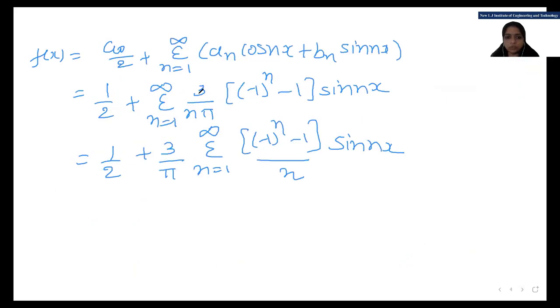So here I put 3 upon n pi, minus 1 raised to n minus 1. This is the value of bn into sin nx. So this 3 upon pi is constant, which is free from n, so I put it outside the summation. So 3 upon pi, and the rest of the things, minus 1 raised to n minus 1 upon n into sin nx, are in the summation form.